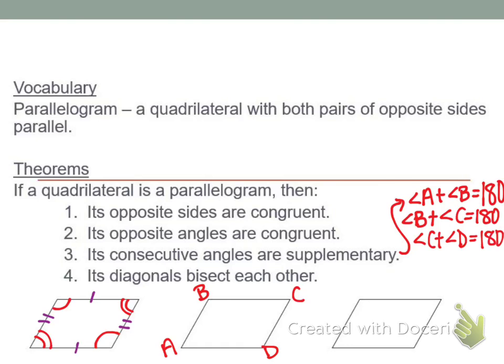Last pair would be angles D and A. Okay, so we can show that 2 angles next to each other add up to 180. Questions about number 3?